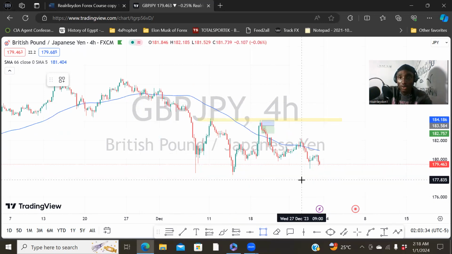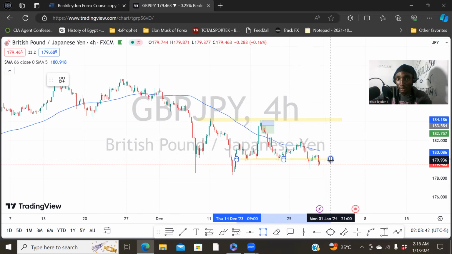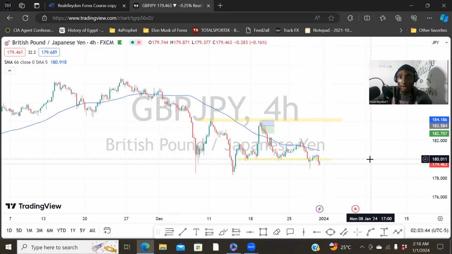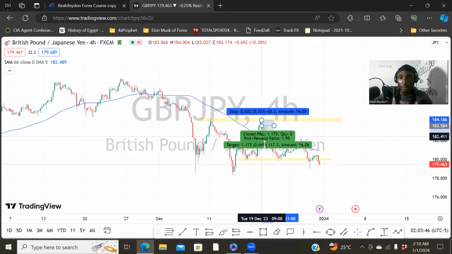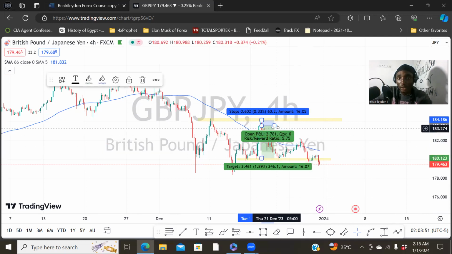A 4-hour support zone is basically where the market will be looking to push up. So this is where we would look to exit our trade.